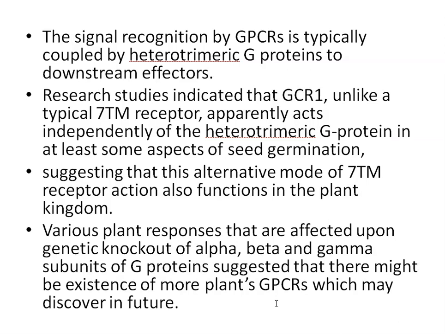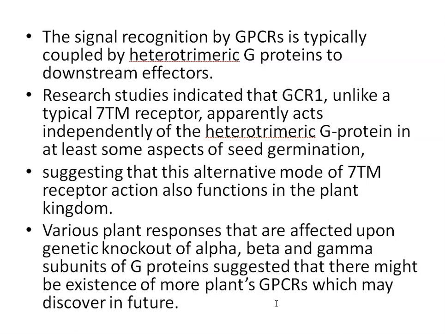Now, research studies indicated that GCR1, unlike a typical 7-transmembrane receptor, as we have studied in animals, apparently acts independently of heterotrimeric G protein in at least some aspects of seed germination, suggesting that this alternative mode of 7-transmembrane receptor action also functions in the plant kingdom.